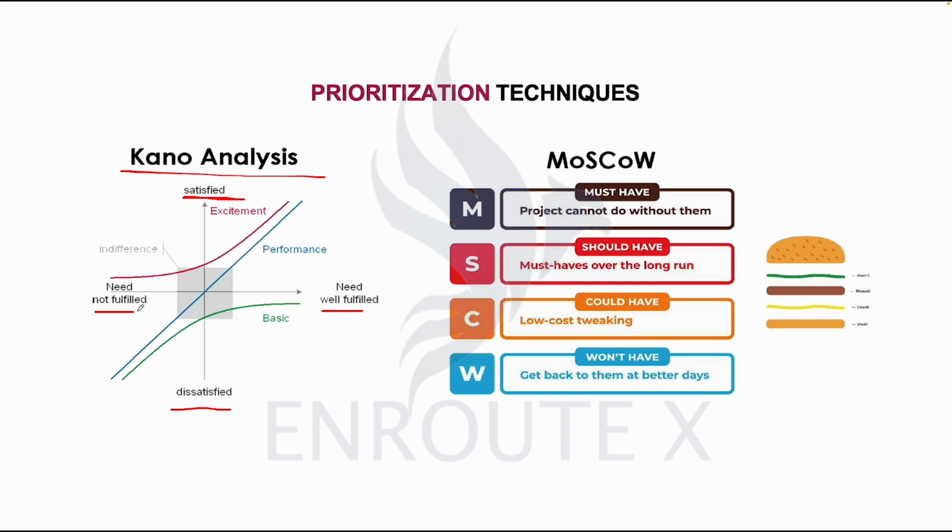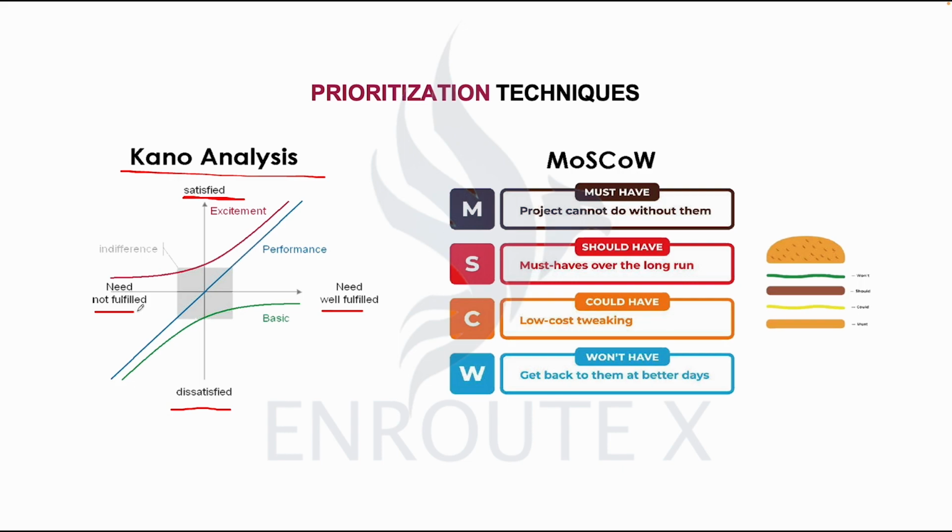Kano analysis is used to determine some of the categories it would break features into, which would be identifying the basic needs, the performance needs. There's a difference between the basic needs and the performance needs. It will also be looking at the excitement needs. There are some needs that are beyond just basic.